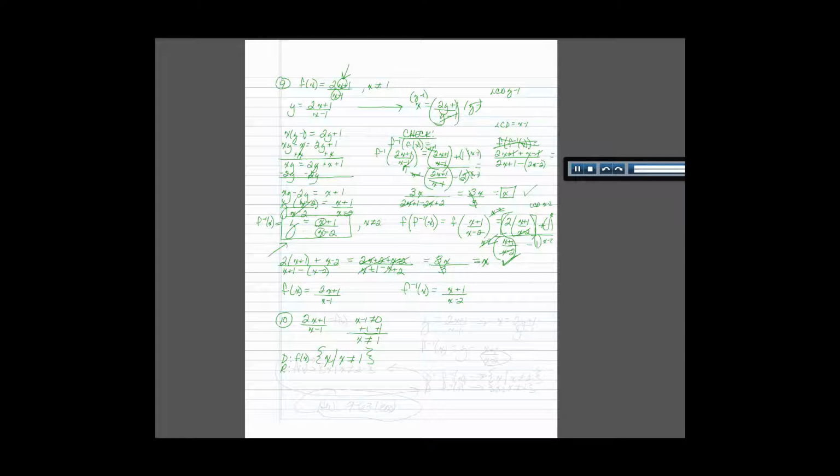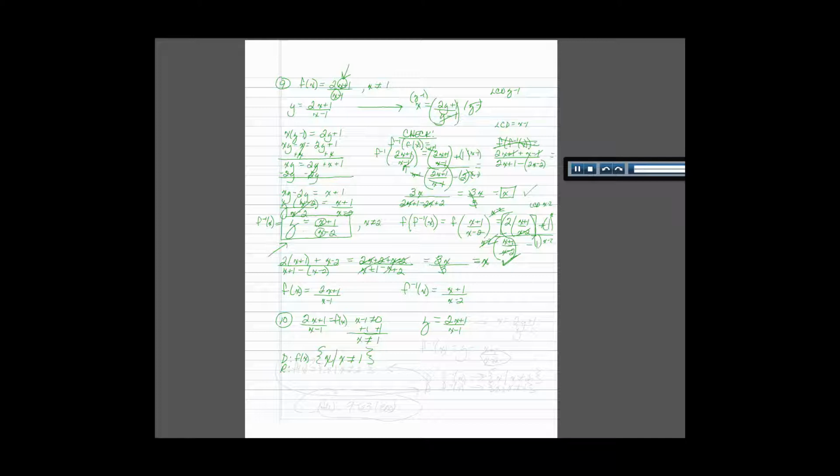Okay? But you know what? That also tells me that that is the range of f inverse. So if I want to know what the range of this one is, I got to know the domain of f inverse. Well, I'm not given f inverse, but I can certainly find it. So from the function f of x equals 2x plus 1 over x minus 1, I'm going to rewrite it as y equals 2x plus 1 over x minus 1.